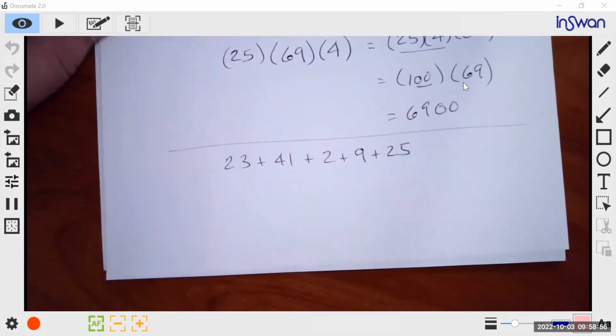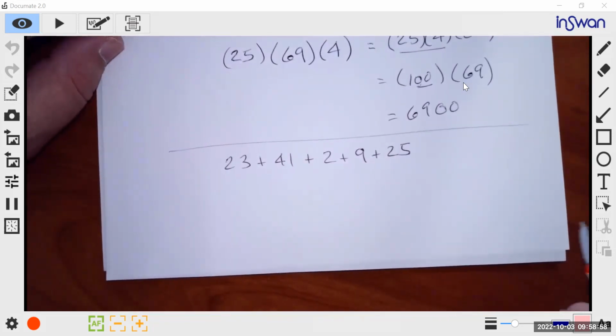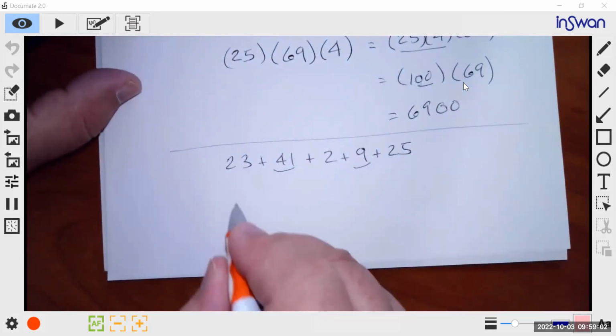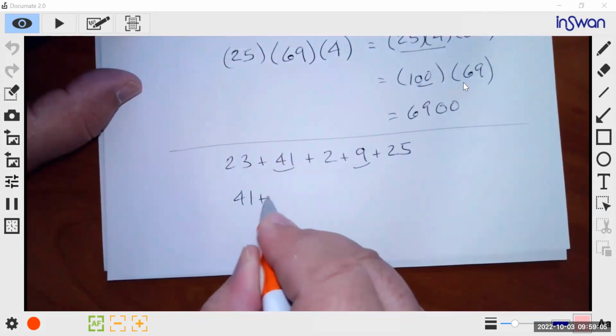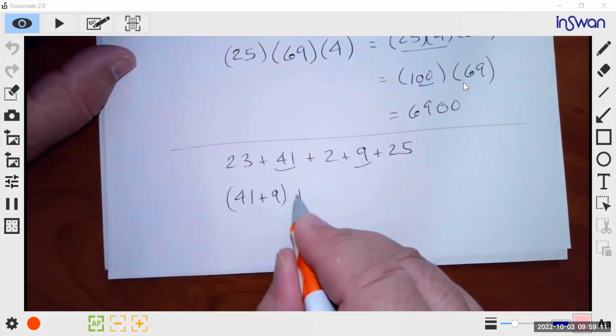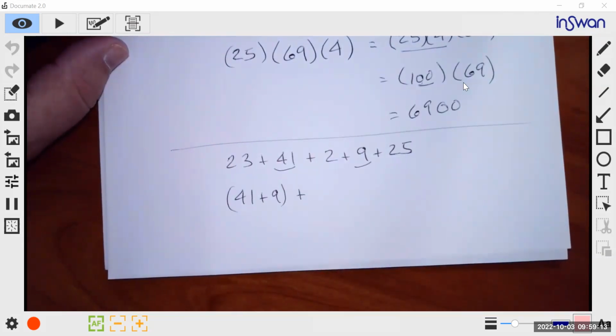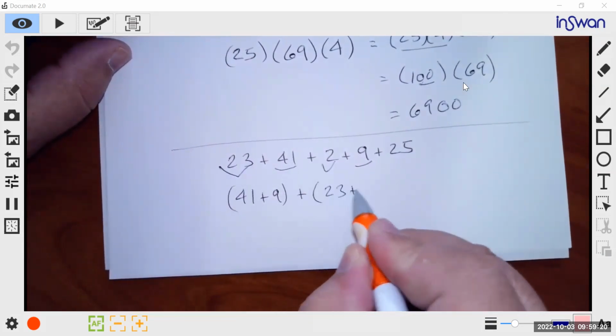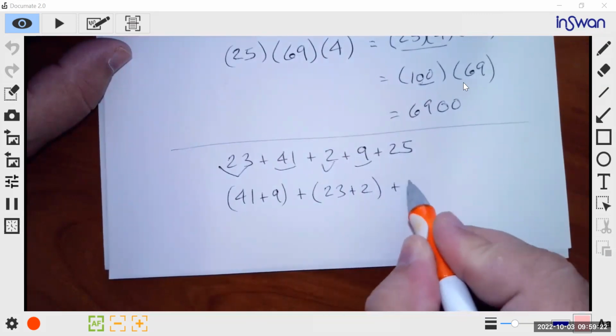Can we see two numbers that'll help us here real quick? 41 and 9. If we put those two together, is that going to be pretty easy? What other pair of numbers can we put together? 23 and 2, right? Because 23 and 2 gives us 25.